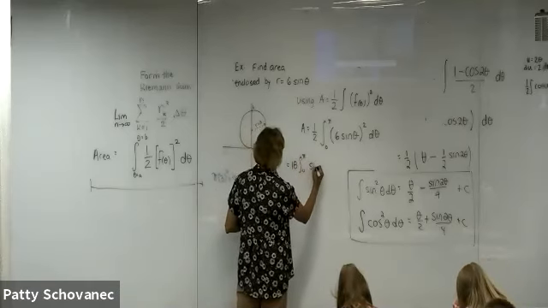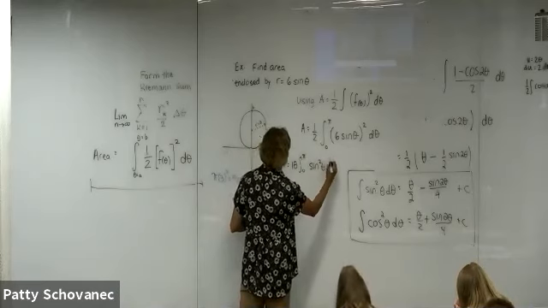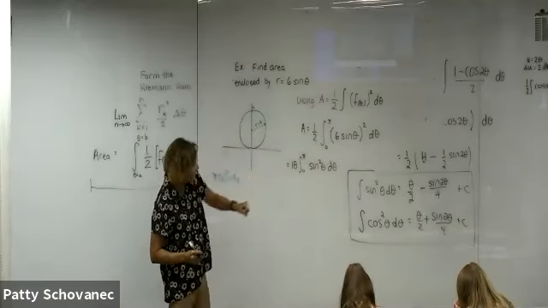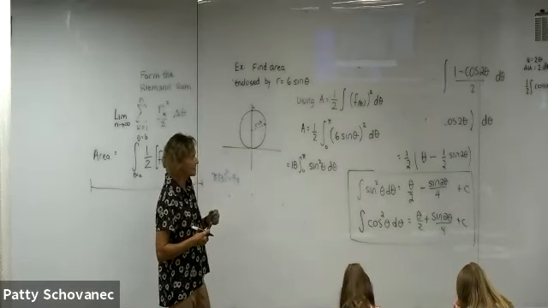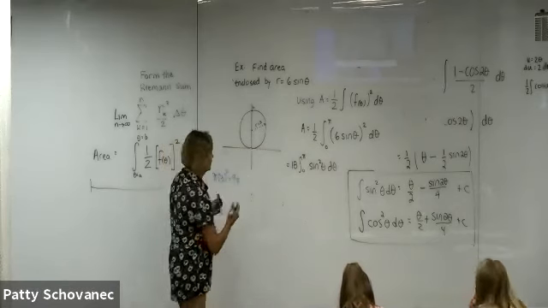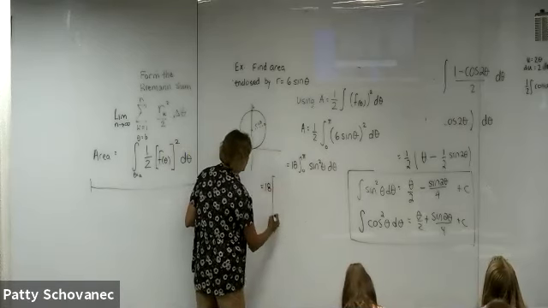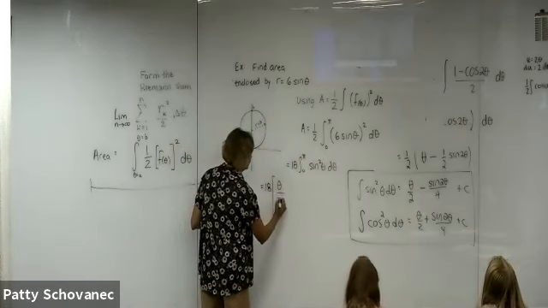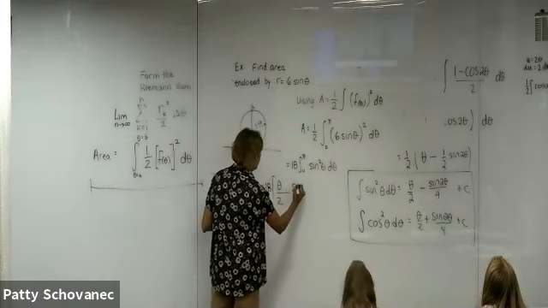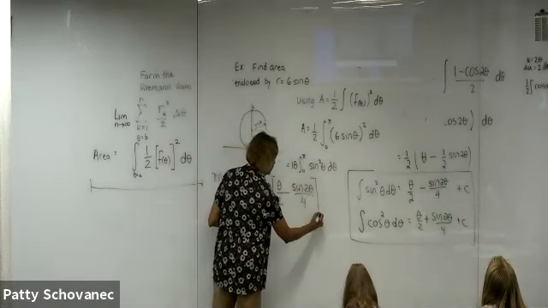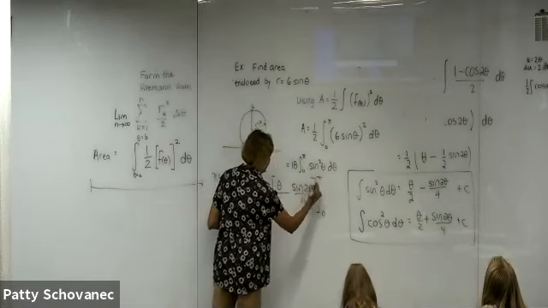Now my sine squared is to be integrated here. In my box, I see the integral of sine squared is theta over 2 minus sine of 2 theta over 4. Theta over 2 minus the sine of 2 theta over 4. And I've got to evaluate that from 0 to pi.